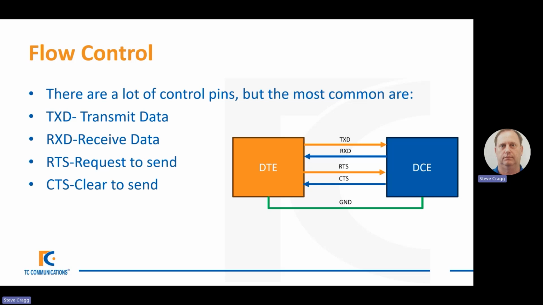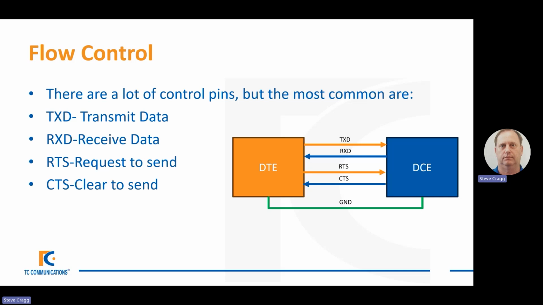It will assert, or set to 1, the request to send line, or the RTS line. The DCE will receive that, and if it's prepared to accept data, then it will assert the CTS line, or the clear to send. In other words, the handshaking is RTS says, may I send the data?